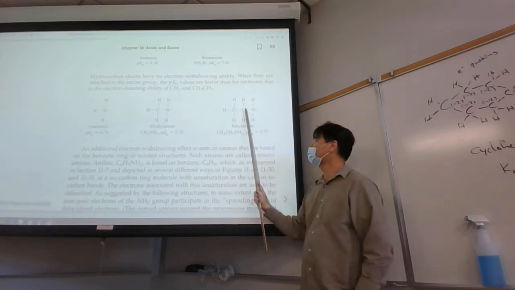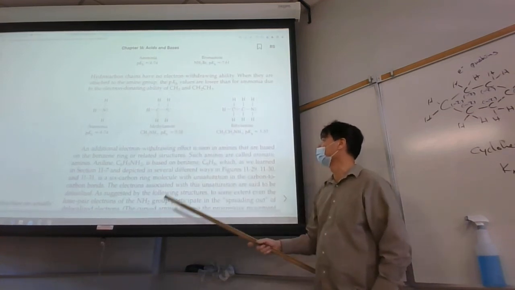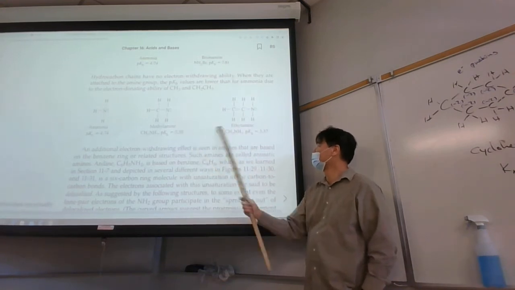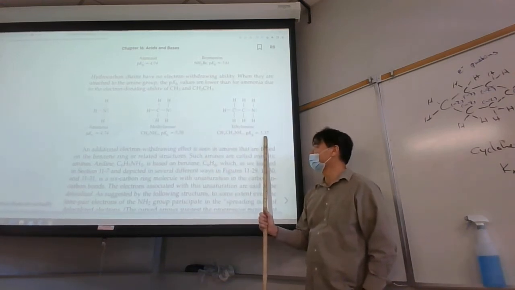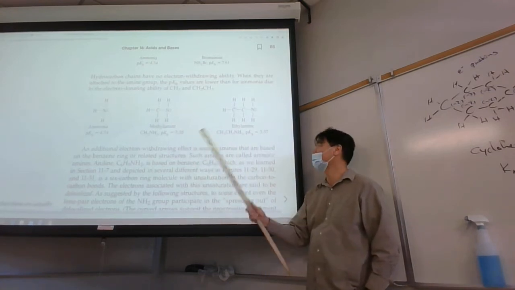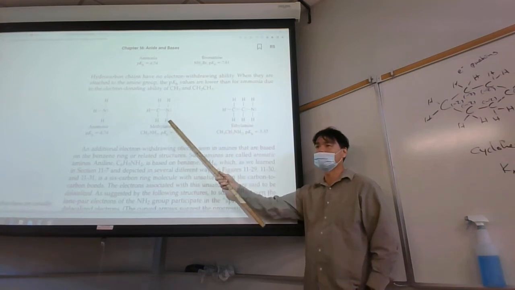So we've got more electron richness here, 2 carbon atoms versus 1 carbon atom. But the distance is increasing. So it is just slightly more basic than this. And so ethyl is just a slightly better electron pusher than methyl.